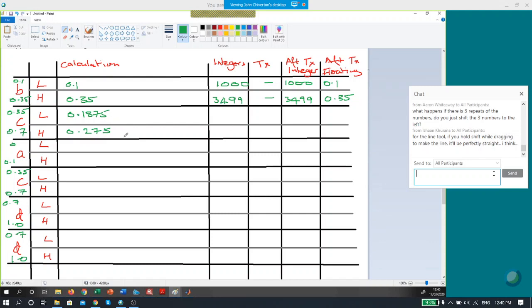So multiplying those by 10,000, we get 1,875, and then we get 2,750. So nothing to transmit there and there. On here we got 1,875 still, then 2,750, and the same for the floating point values.